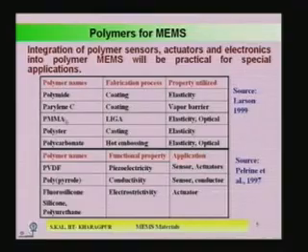PMMA, polymethyl methacrylate, is basically used as a photoresist material also, polyester, polycarbonate. And polyimide's fabrication process is a coating technique, parylene C is also a coating technique, PMMA is fabricated with the LIGA technique, polyester is a casting technique, and polycarbonate is hot embossing. So, these are the fabrication processes.